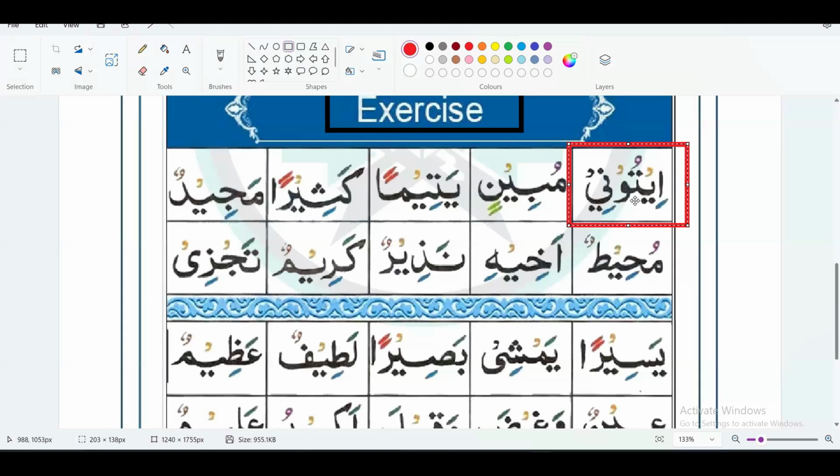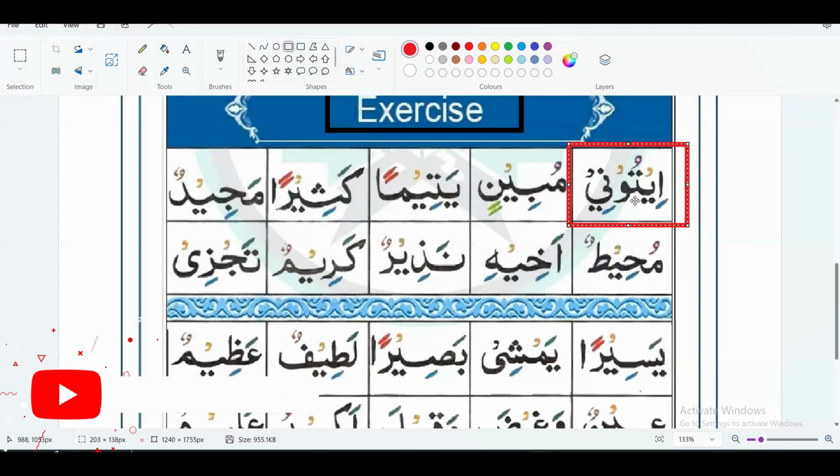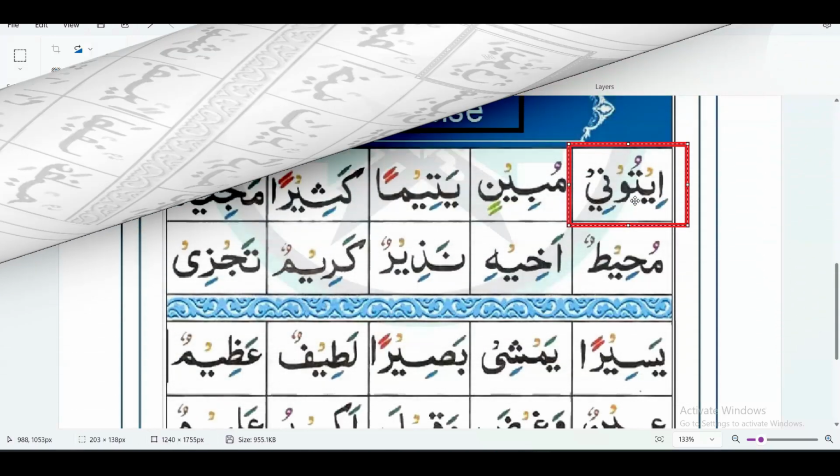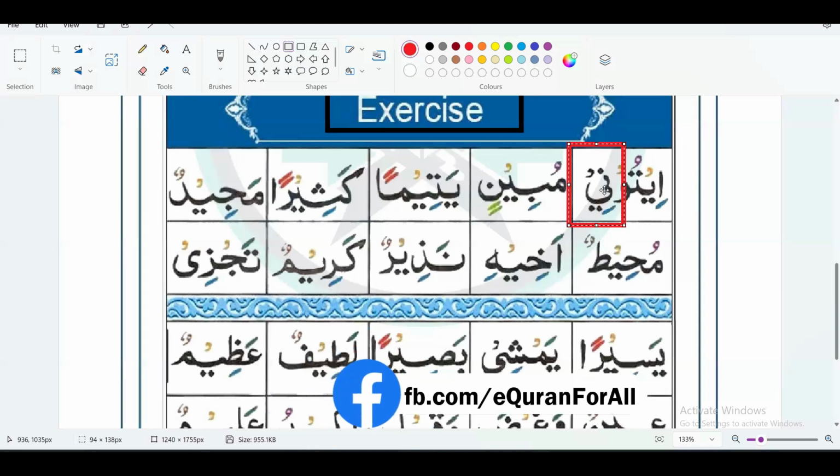Actually, your voice is glitching, so that's why I can't hear you properly. Can you please repeat the word? Where is the last letter? It's not kaf, it's noon. Noon has kasra. See? Come on, read. What is the sound of noon? Now read it with the kasra. No, no. How can it be no?